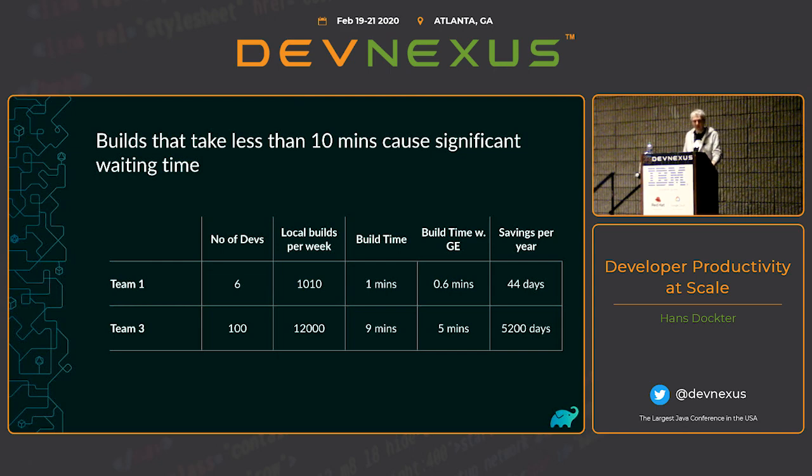And to be honest, I'm a little bit frustrated when I talk with some organizations. They have an interesting approach towards that. When I ask them, well, what if we could get the build time down from 9 minutes to 5 minutes? They say, well, performance is not a problem. I say, what does it mean it's not a problem? You can save 5,200 days. Well, but it's not a problem. Aha, not a problem means no one is complaining about it.